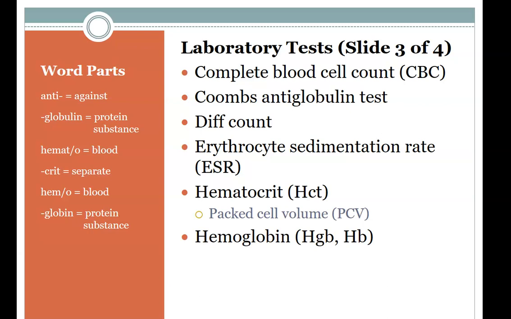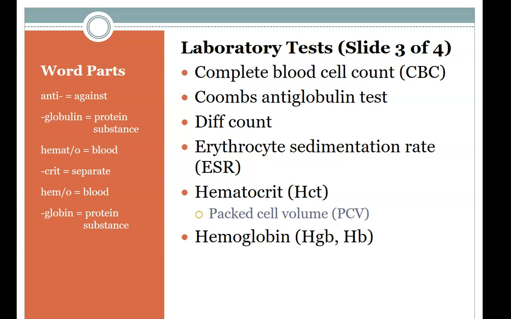The complete blood cell count, also known as a CBC, is a set of 12 tests, including RBCs, which are red blood cell counts, WBCs, which are white blood cell counts, HB or HGB, or hemoglobin, HCT or PCV, which is hematocrit, packed cell volume, and differentiates the WBC differentials.